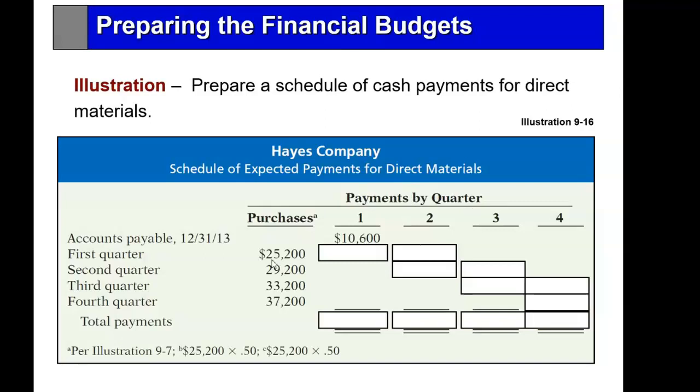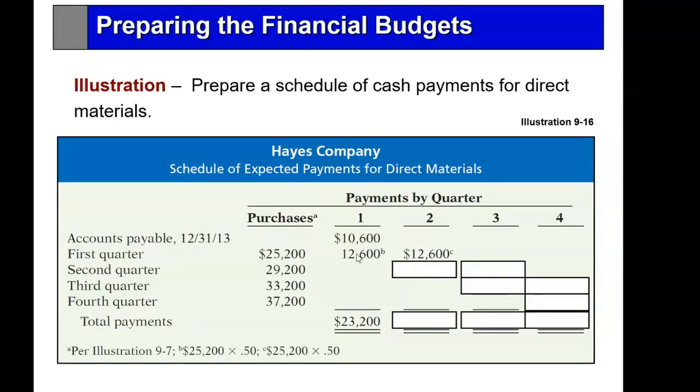In quarter 1, I anticipate from my purchasing budget, my direct material budget, if you go back to that budget, you see that I'm going to be purchasing $25,200 in quarter 1. I pay for half of that in quarter 1 and half in quarter 2. So in quarter 1 now, my total cash out is $23,200.